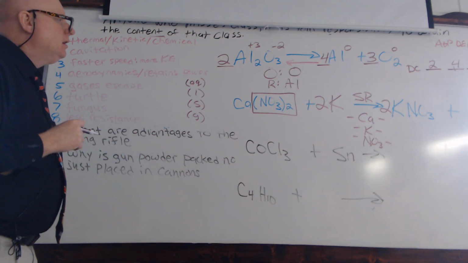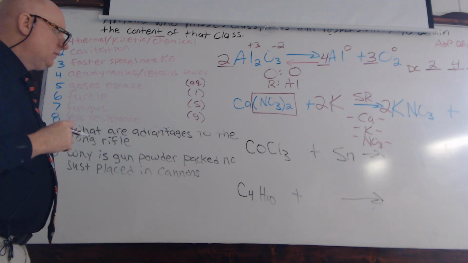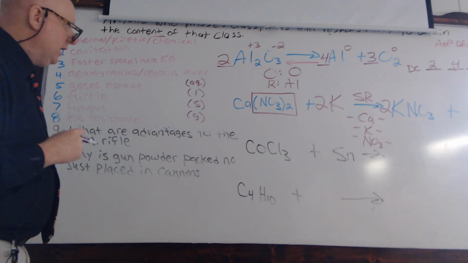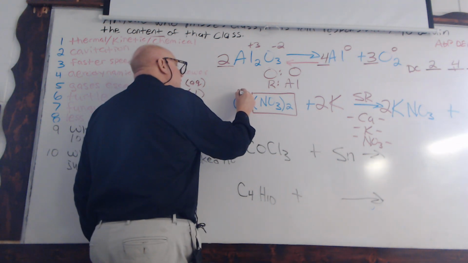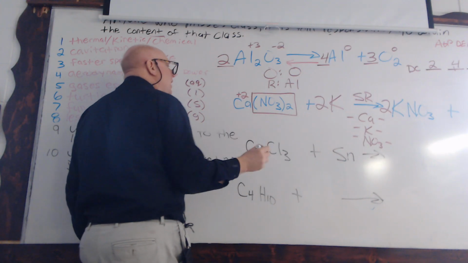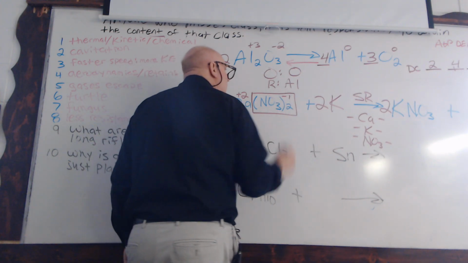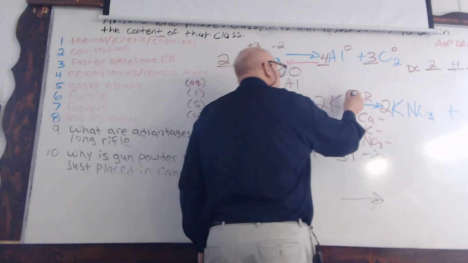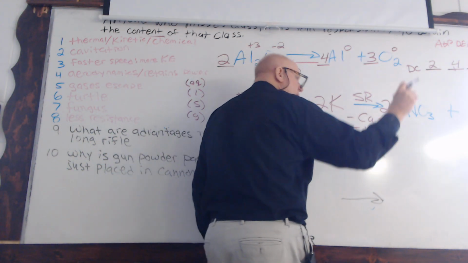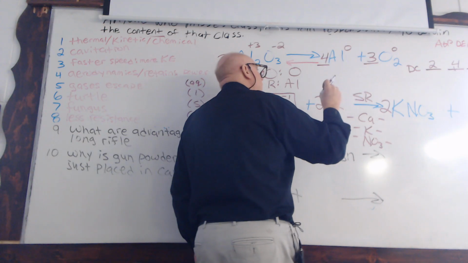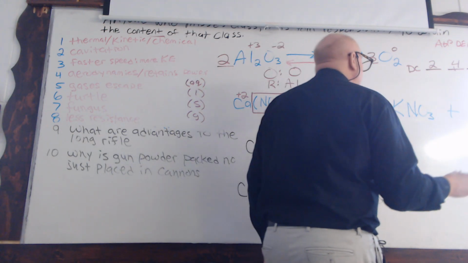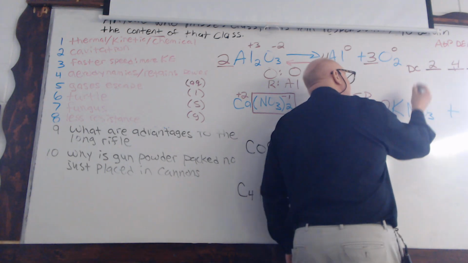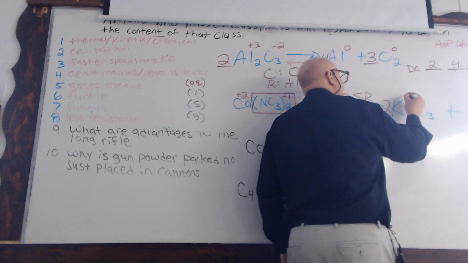Now, when we look at this, what does calcium have for a charge? What does nitrate have? What does potassium have for a charge? Now careful, just don't blurt out the first thing you think of. 0. Okay? And then what does potassium have for a charge here? Now it's got what?